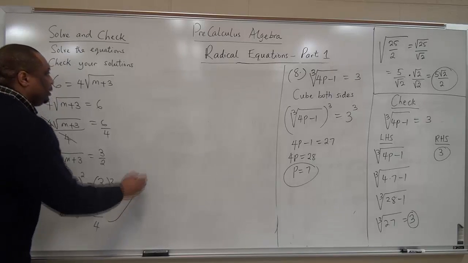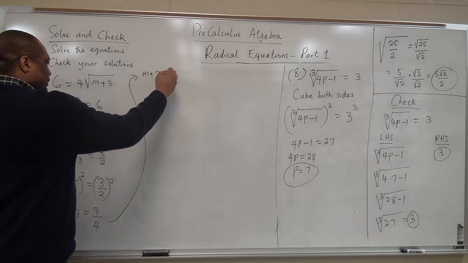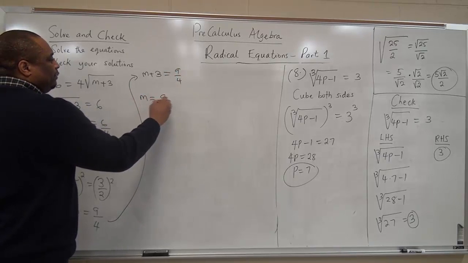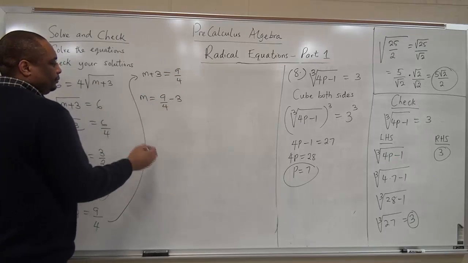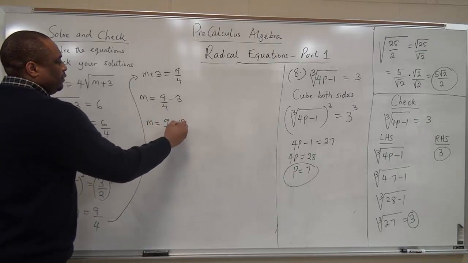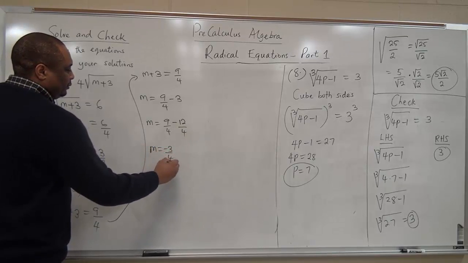So from here, we have that n plus 3 is 9 over 4. So n will be 9 over 4 minus 3. So n will be 9 over 4 minus 12 over 4. So n will be negative 3 over 4.